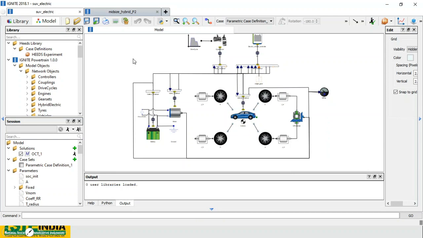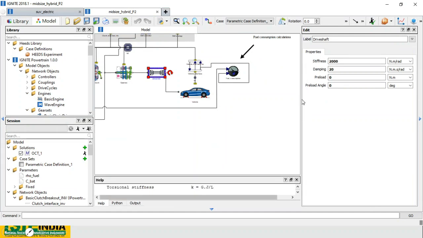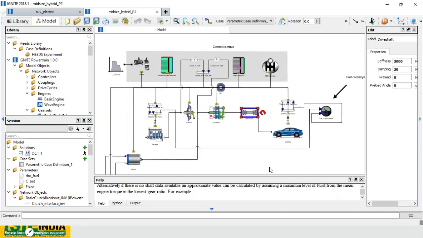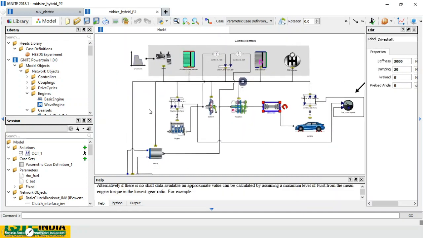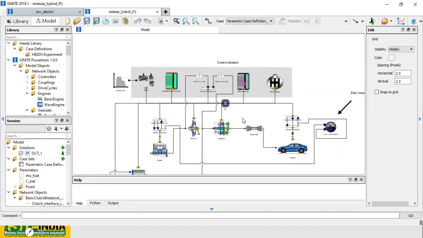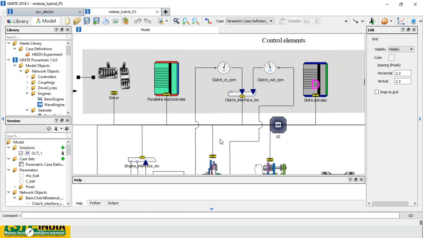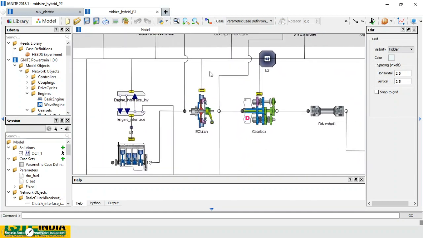Now moving ahead with the mid-size hybrid. Okay, so we are considering a hybrid vehicle. What happens is that there is some biasing done between the engine and the battery, and this setup tells us how the interface or the clutch works.